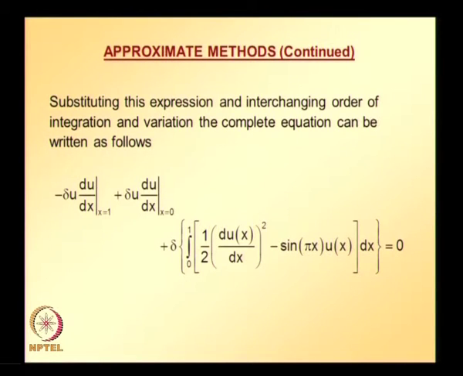So the next step is to use boundary conditions to simplify boundary terms. The first two terms in this equation are related to the boundary conditions x equal to 0, x equal to 1.